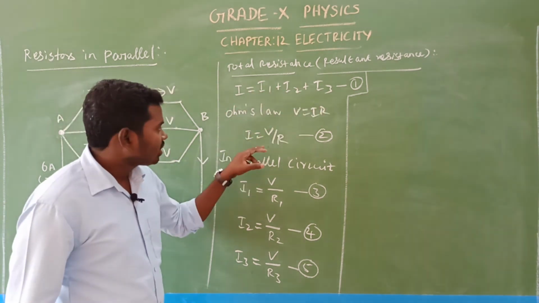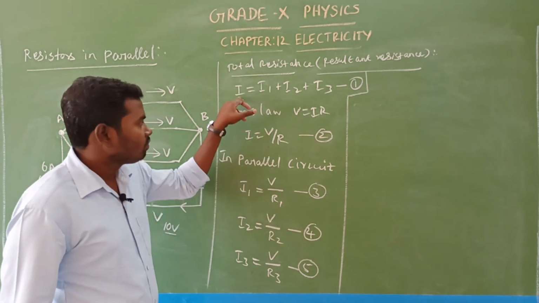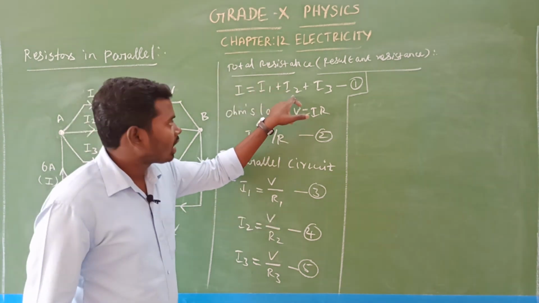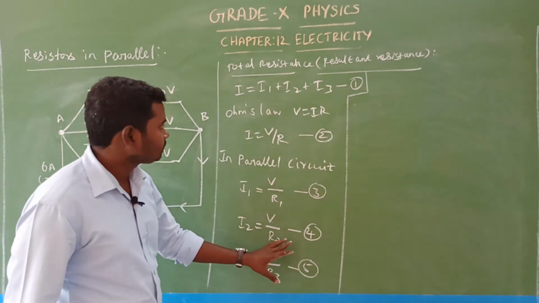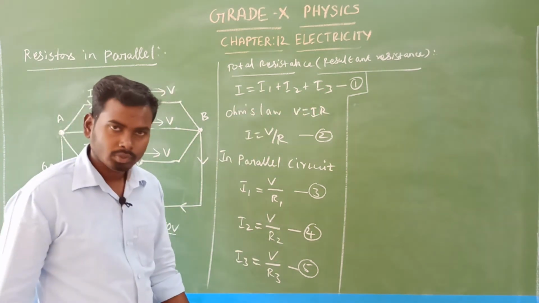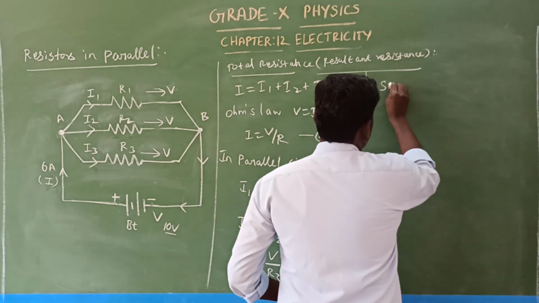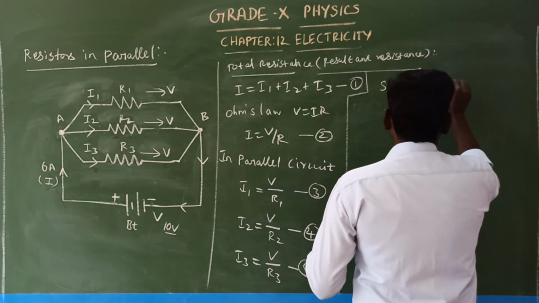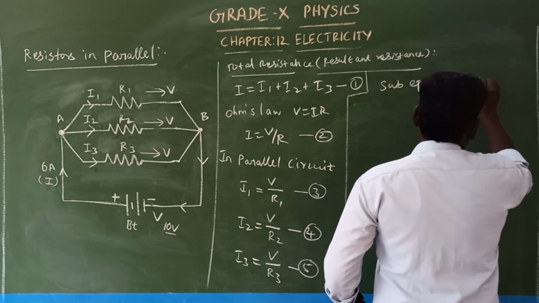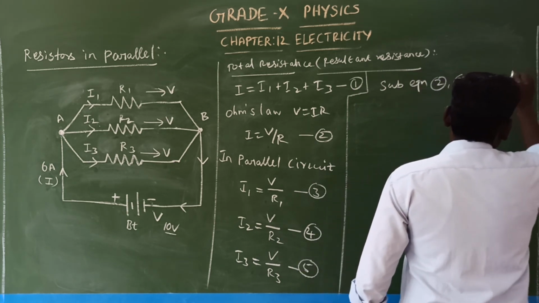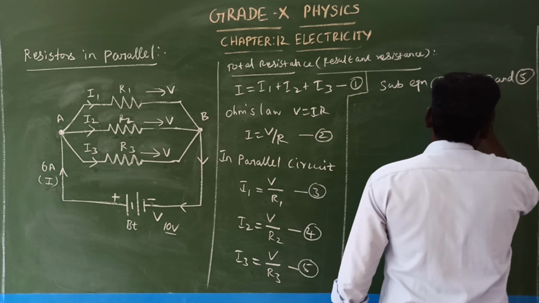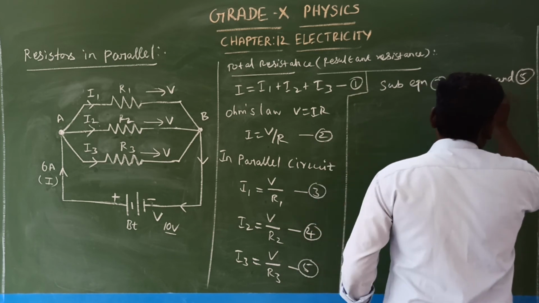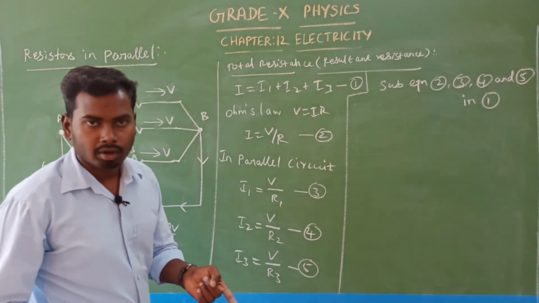So substitute all these values, which means the I value, I1 value, I2 value and I3 value, in equation 1. Is it clear, students?